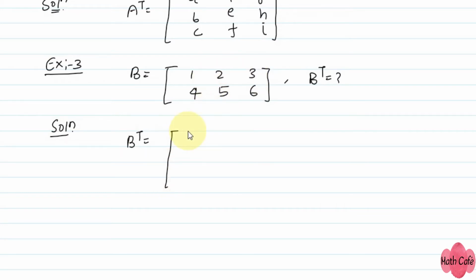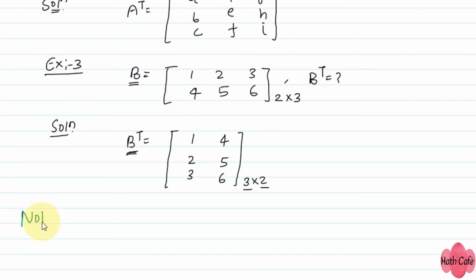So row number 1 will become column number 1, 1, 2, 3, and row number 2 will become column number 2, so 4, 5 and 6. The order of this matrix is 2 cross 3 and the order of its transpose is 3 cross 2. If you notice, B is not a square matrix, and still we can obtain B transpose. So it is not necessary that the given matrix is a square matrix.